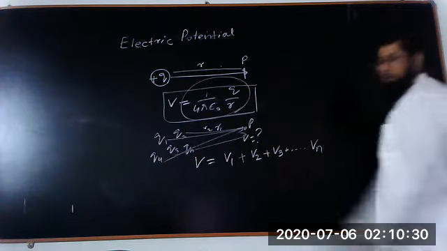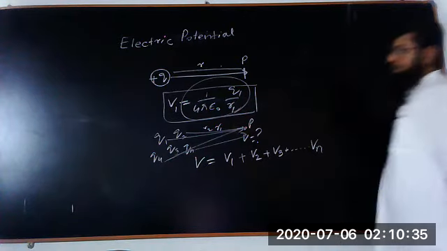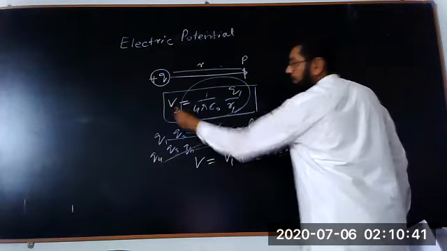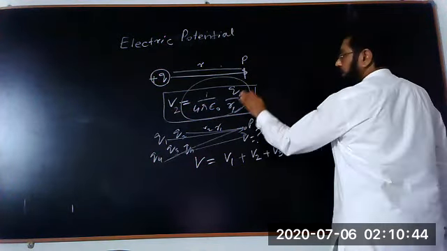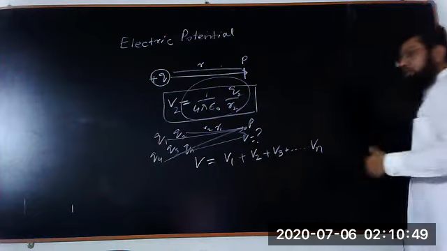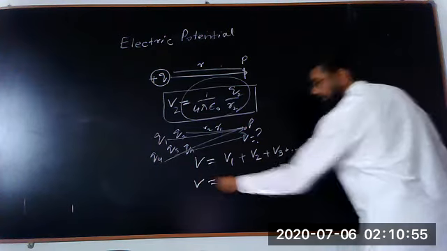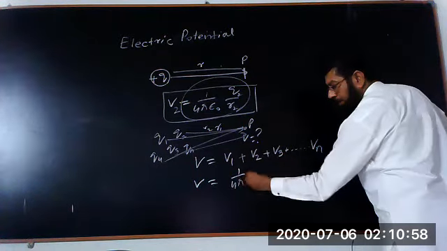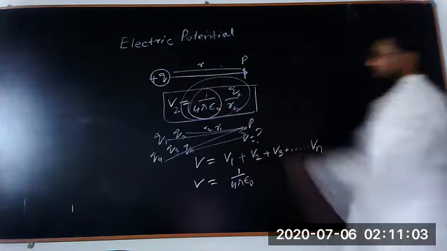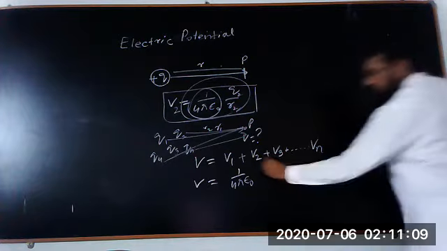V1 is due to the charge Q1, which is at a distance R1. Likewise, this is the potential due to charge Q2 at a distance R2. So these are the potentials due to charge 1, charge 2, and so on. As a result, the potential is equal to 1 upon 4 pi epsilon naught, which is the common factor in each potential and can be taken out.